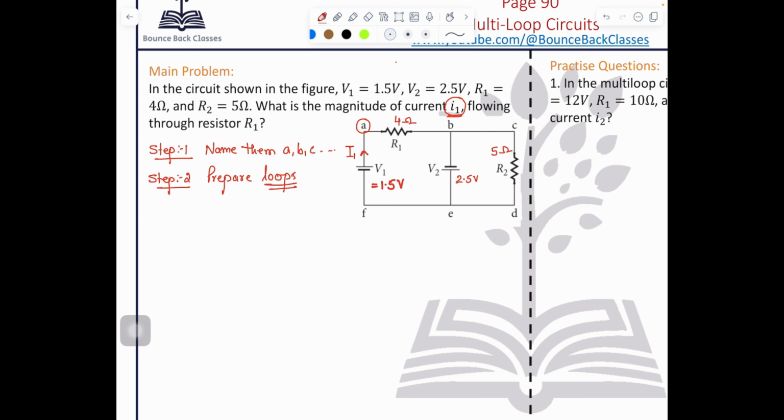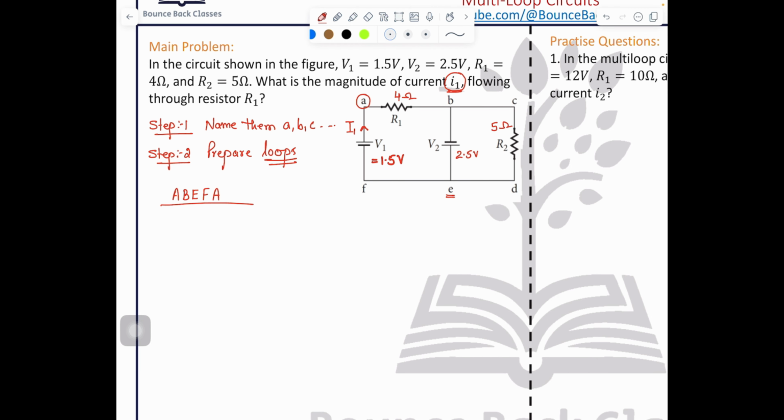So shall I take a loop? I'm taking a loop, A, B, E, F, A. Take this loop. I'm explaining this question in too much detail so that other questions will become easier for you.